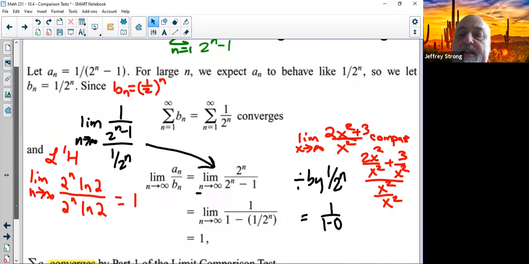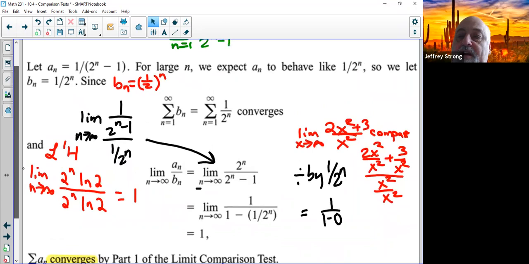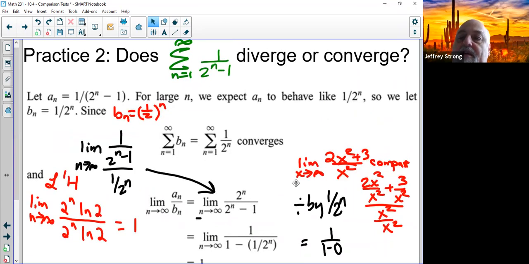Now, let's see. So what am I doing over here? Okay, so I kind of did it. I compared it to 1 over x squared, which is another converging series. And so when I compared it that way, I simplified the algebra, and I also ended up with a constant. So you get it that way too.